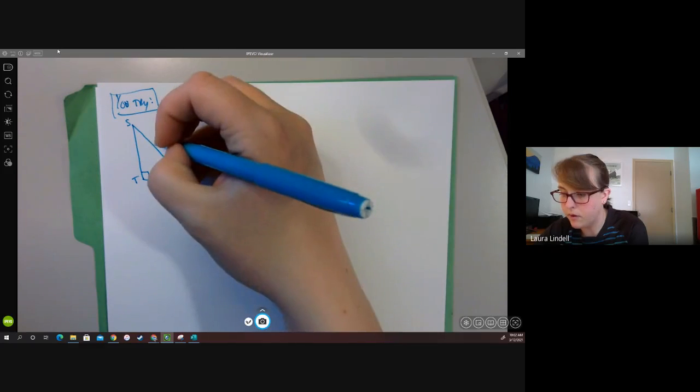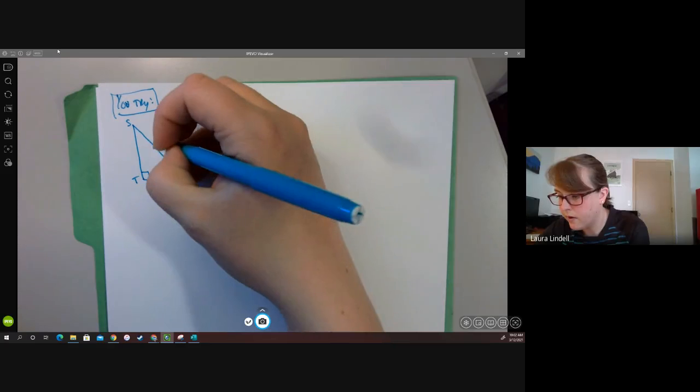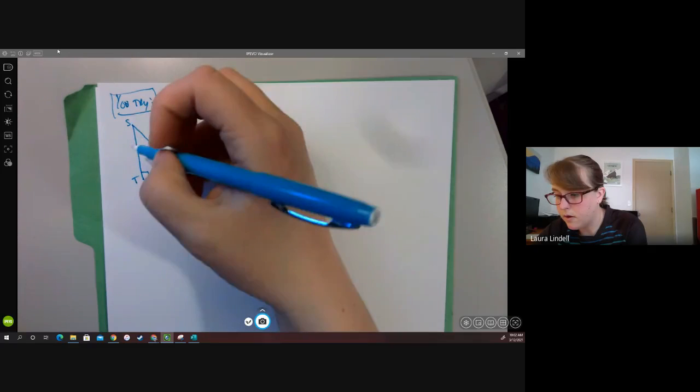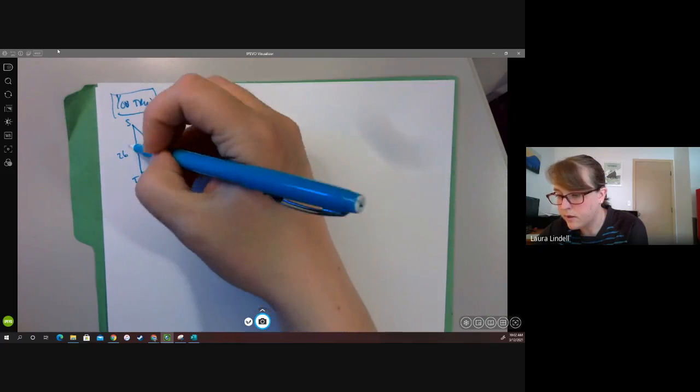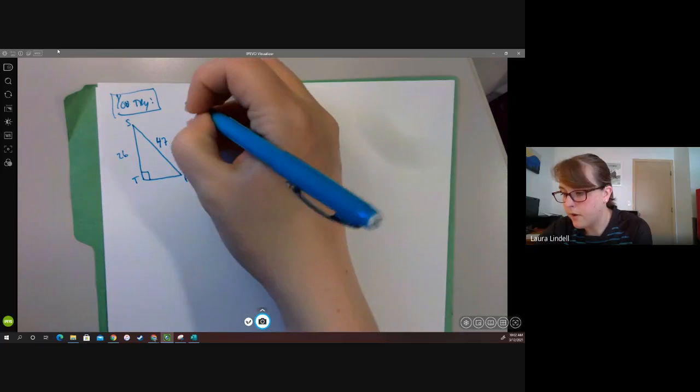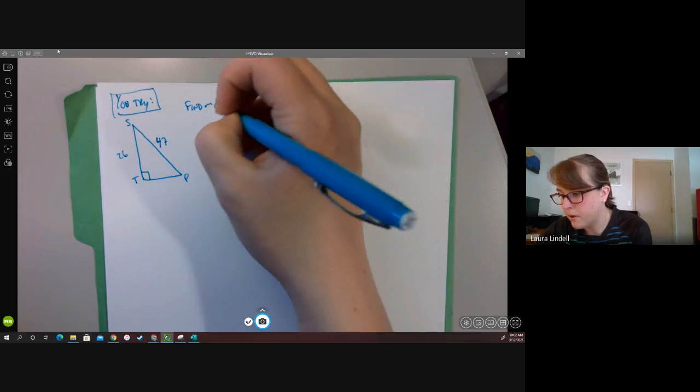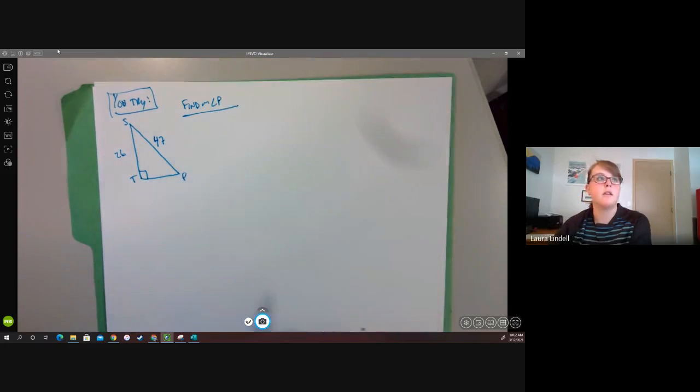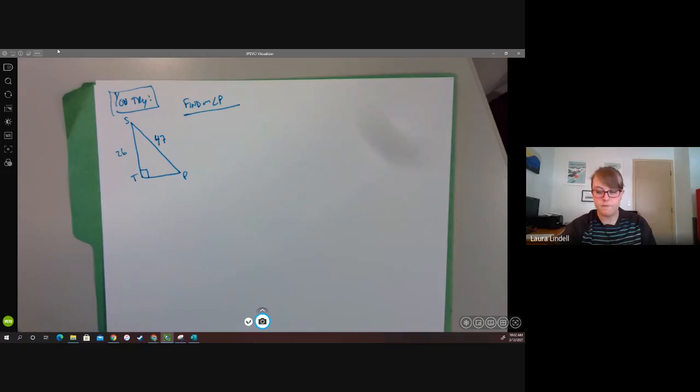Let's see, we'll go with 47 and 26. Find measure of angle P. All right, so go ahead, find measure of angle P on this triangle. And then when you think you've got it, put got it in the chat.